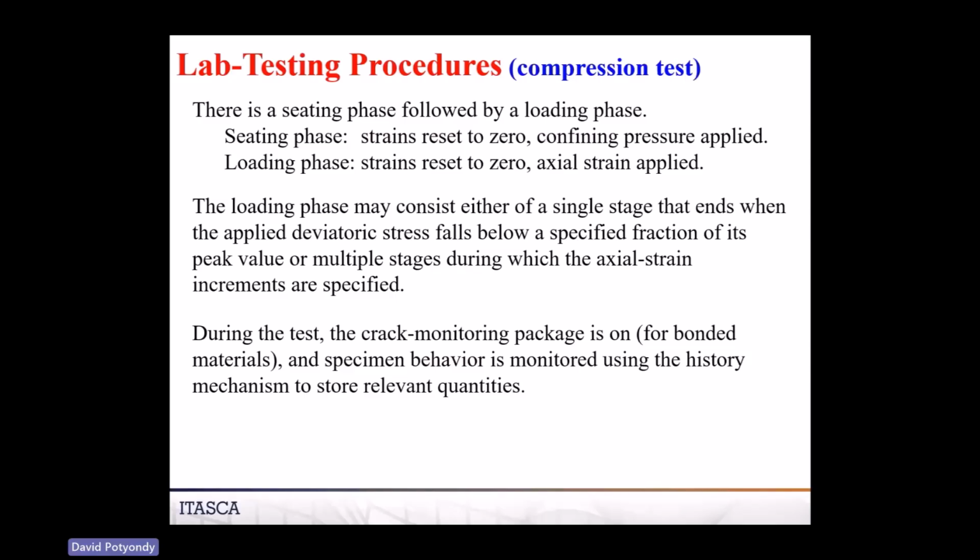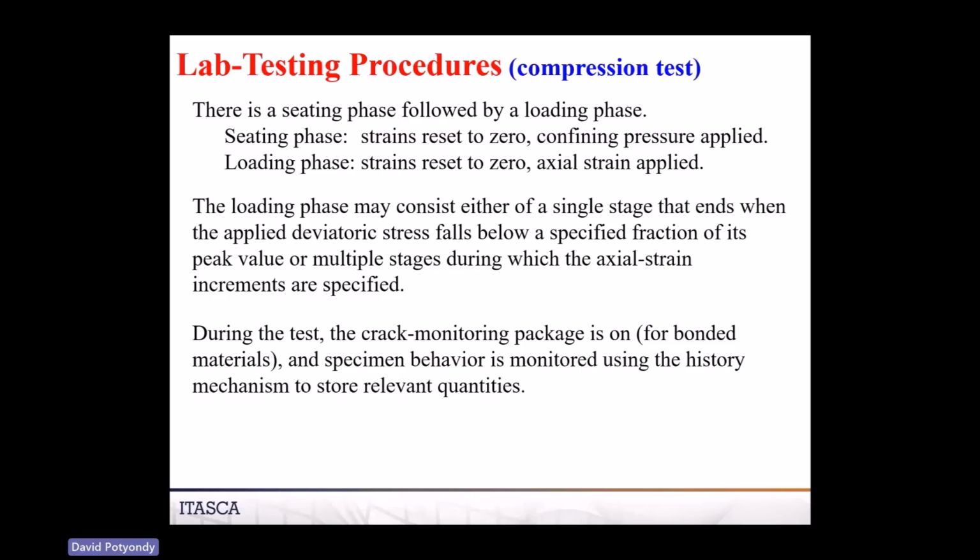You can also tell it stages where you specify the strain. You can say in stage 1, I want you to apply a negative axial strain of 1% and save the file. Then in stage 2, I want you to apply an additional 2%. And after stage 3, I want you to open it up a certain amount.